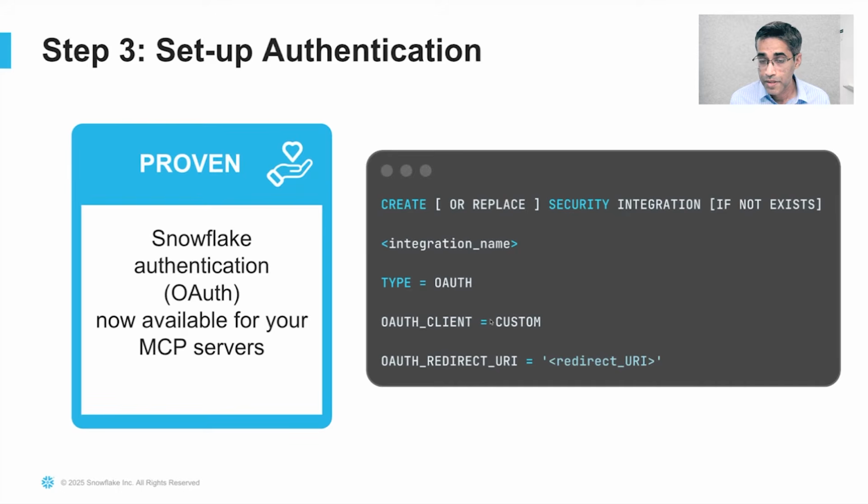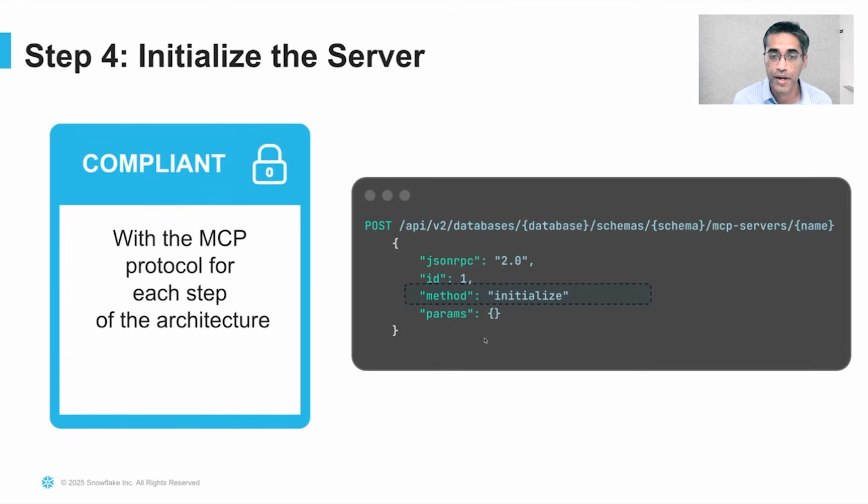And the next piece that I wanted to highlight was the security integration, and like I mentioned earlier, it is based on the standards-based proven OAuth, as recommended by the MCP protocol. You create a security integration of the type OAuth and give it some information, including the client, which is custom, and the redirect URI.